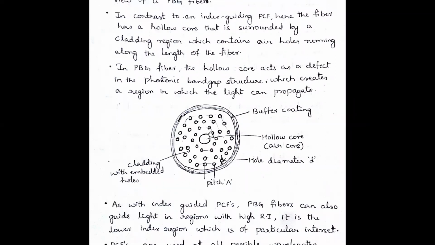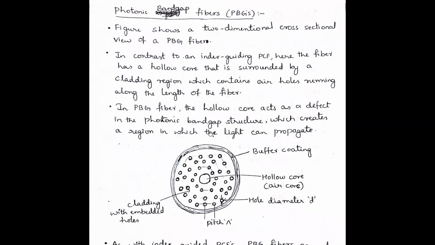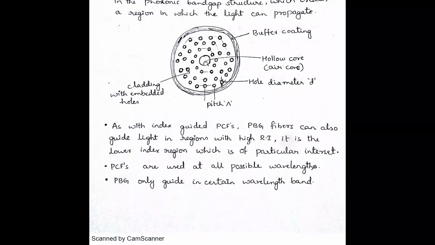Here in this photonic band gap fiber, we have an air hole which is acting like a core, but it was the solid silica in that index guided microstructure. So here it is an air hole which is a hollow core, and the cladding is made up of embedded air holes.